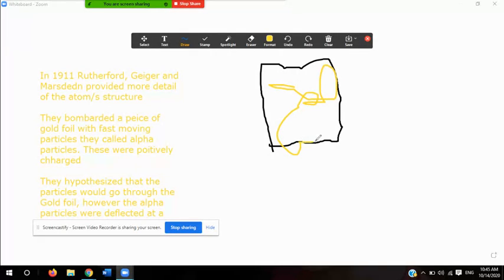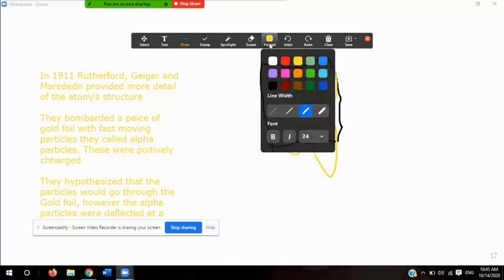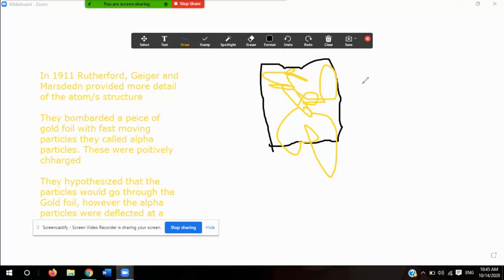Now assume this is all gold, and they bombarded this with a bunch of fast moving particles that they called alpha particles. I'm going to draw them in red. And they thought these particles are going to go through because the electron is so small that it's not really going to cause much change.